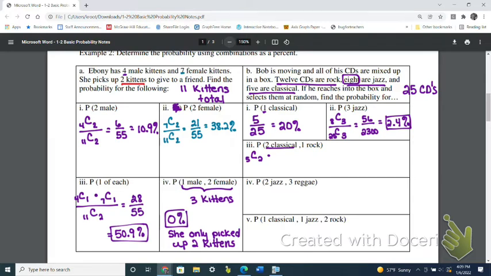So if I choose one rock, he had 12 to choose from, and I'm choosing one. And on the bottom, it's 25 choose 3, because he chose 2 of classical, 1 of rock. That's 3 CDs altogether. I get 120 over 2,300, which is 5.2%.